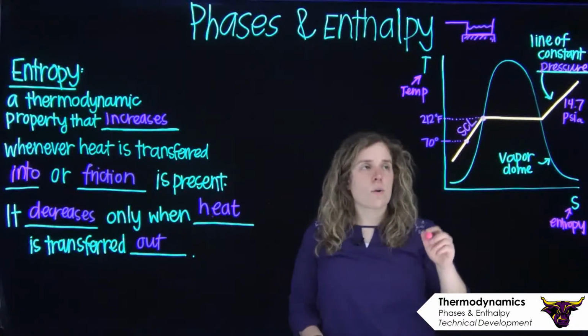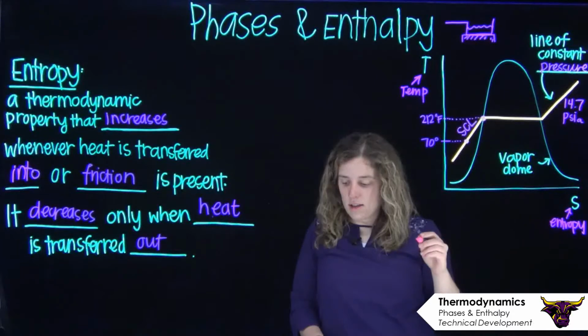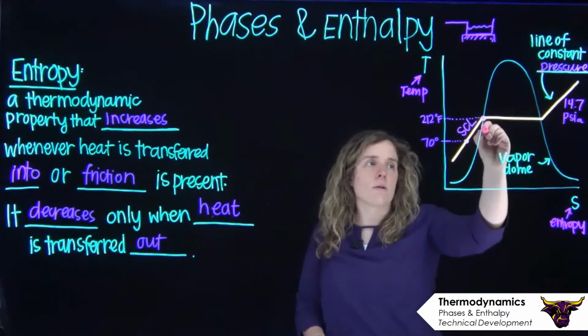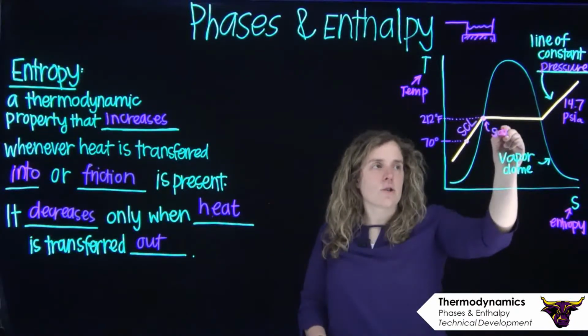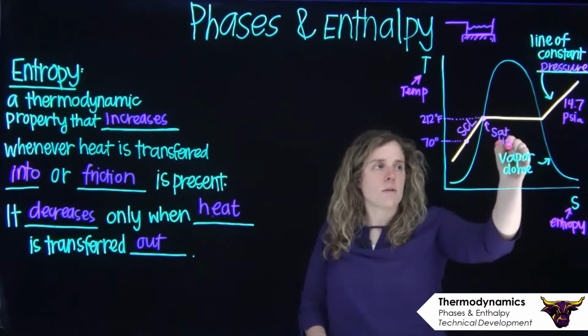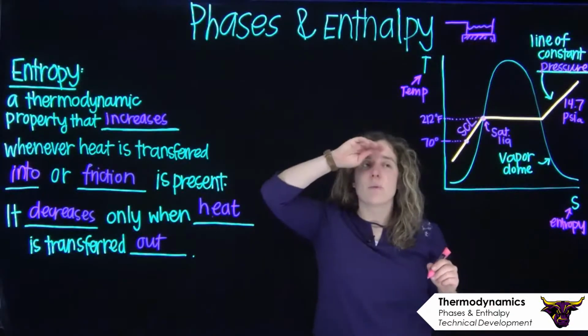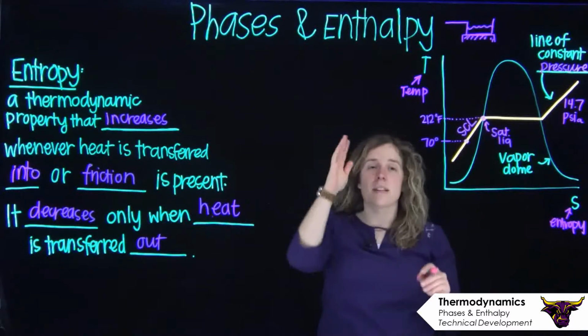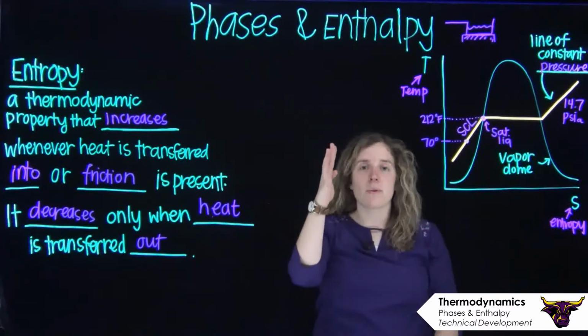At 212 degrees Fahrenheit, we call this the saturation point or the saturated liquid point. So it's at that point that it's boiling. We're still at that baseline of when vapor starts to form, still in the liquid phase.